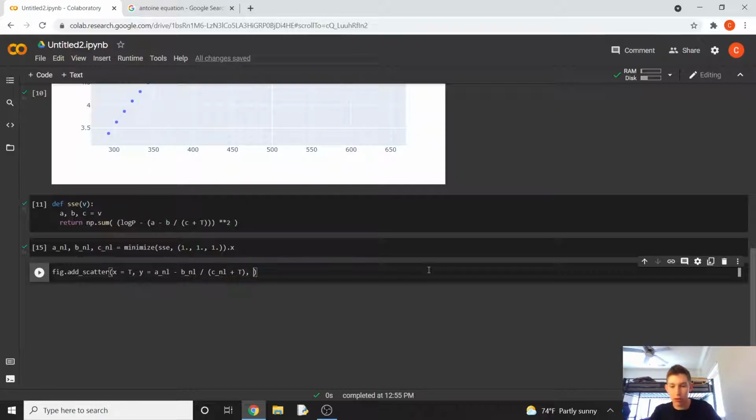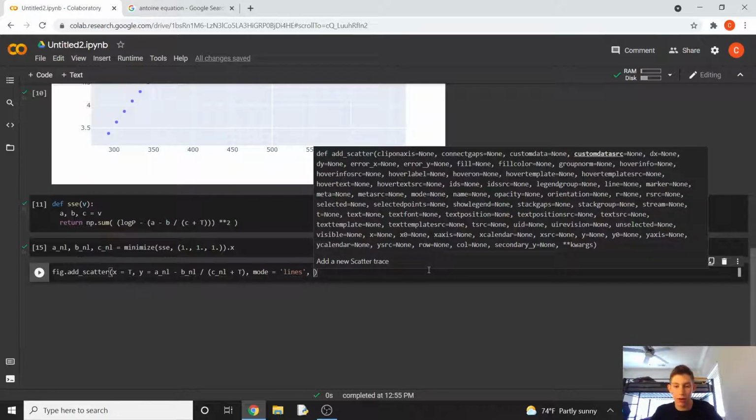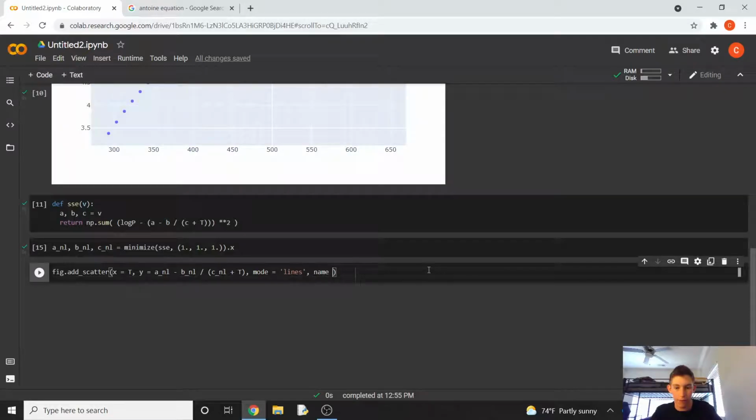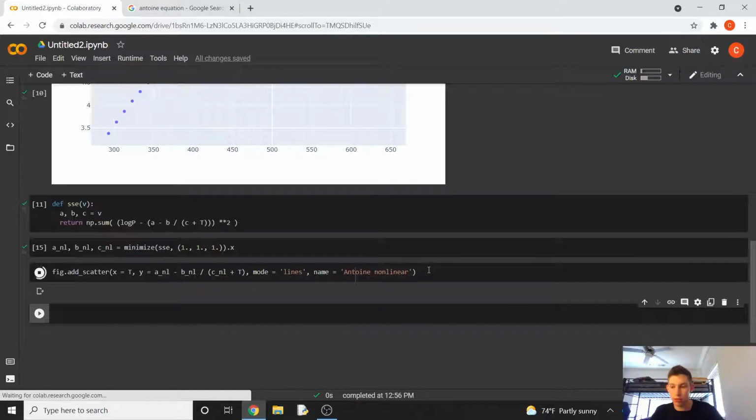And then mode, it'll be lines now because this will be a curve. And then we'll just call this one our Antoine non-linear. So let's see what this looks like.